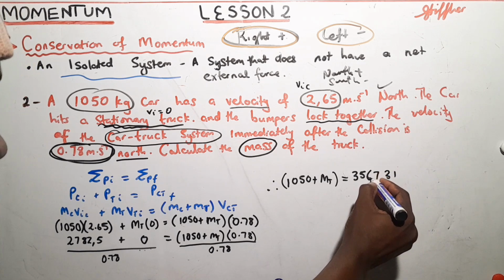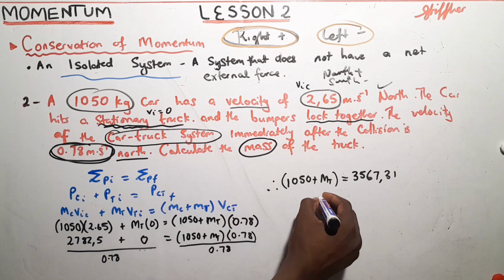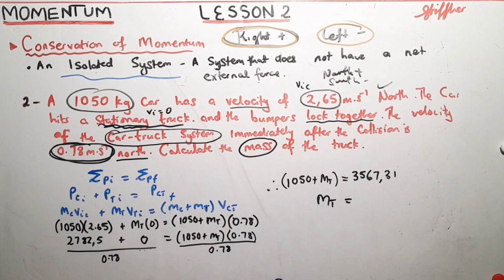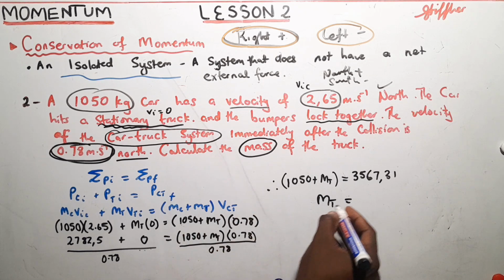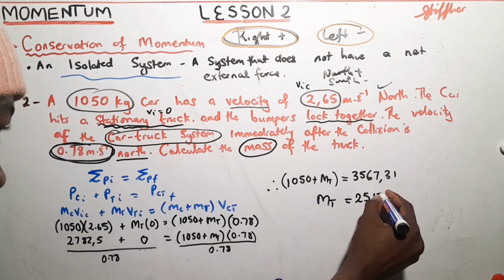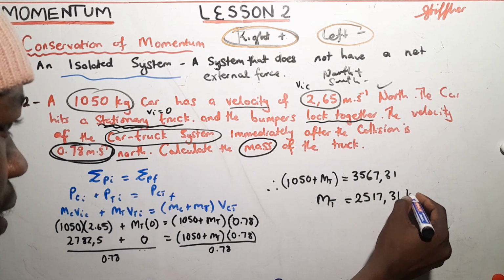So we can take the mass of the car to that side and subtract 1050, and the mass of the truck will be equivalent to 2517.31 kg.